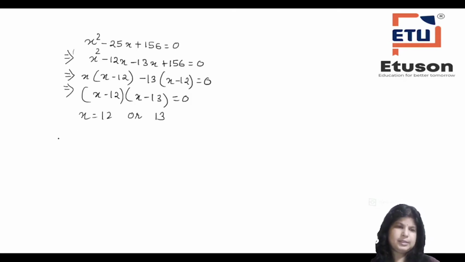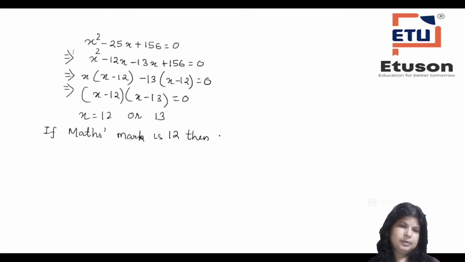So what is x? x is the mathematics mark. So if maths mark is 12, then marks in English will be how much? 30 minus 12, that is 18, right?